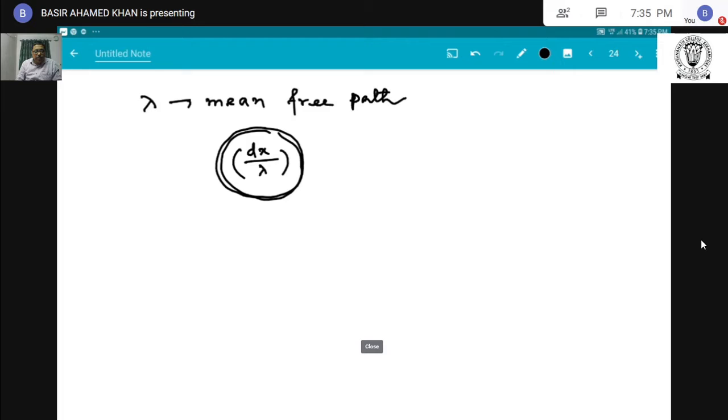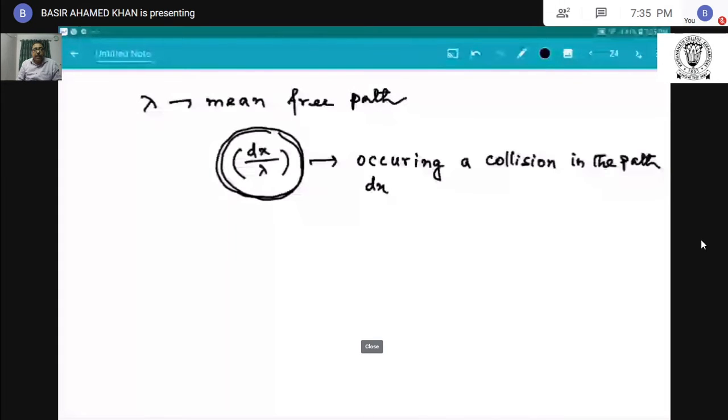So the probability of no collision in a path dx: this is the value dx by lambda, occurring a collision in the path dx.